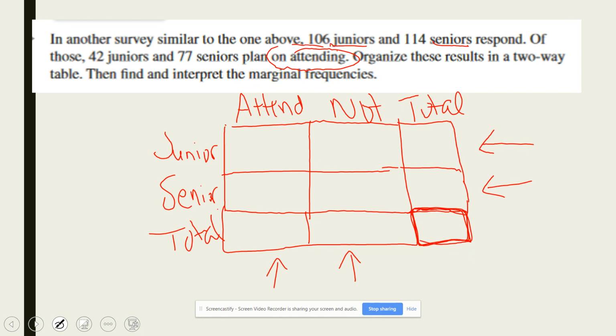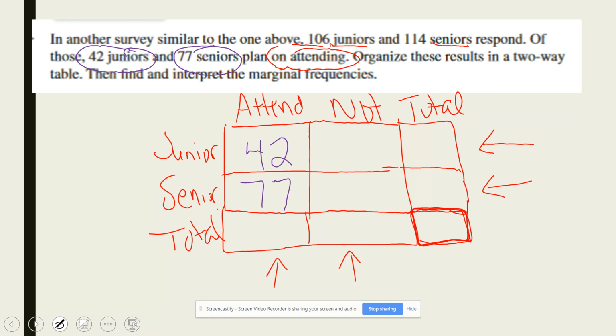How many juniors said they would respond? Well, 42 juniors plan on attending. 42. 77 seniors plan on attending. So 77.